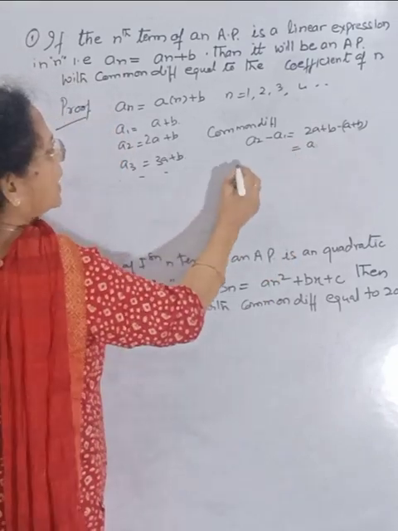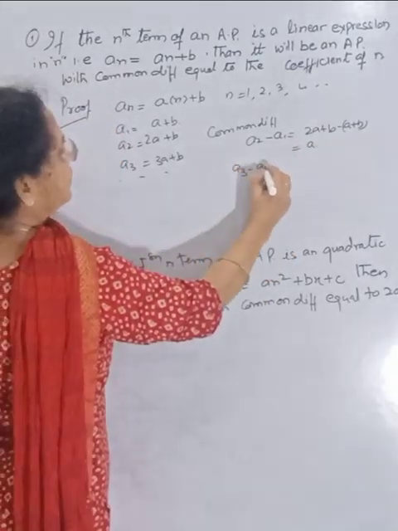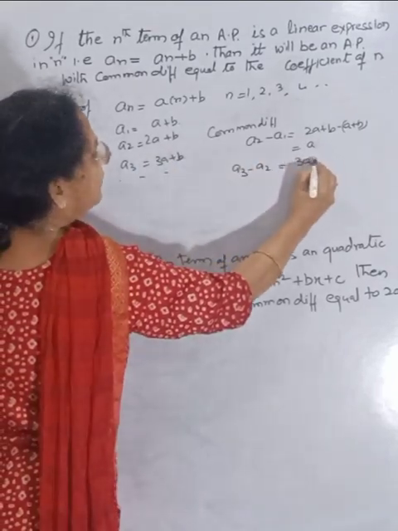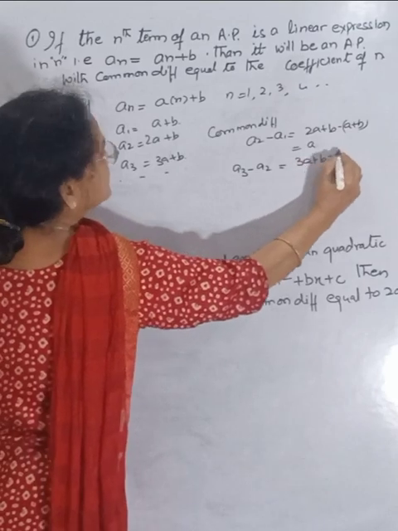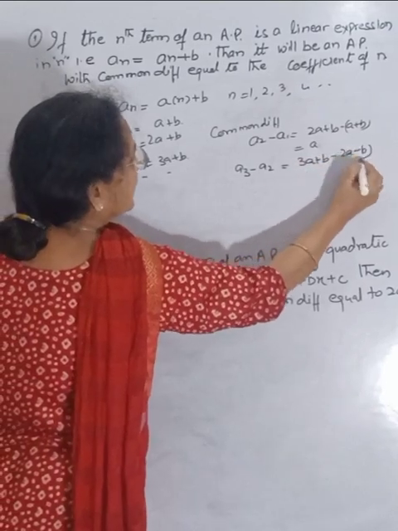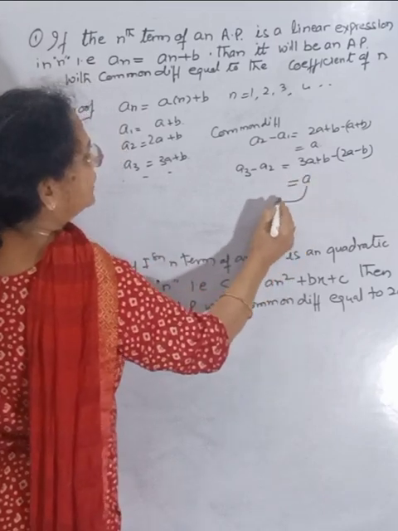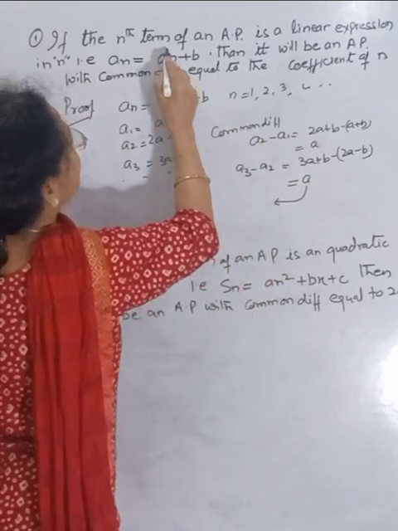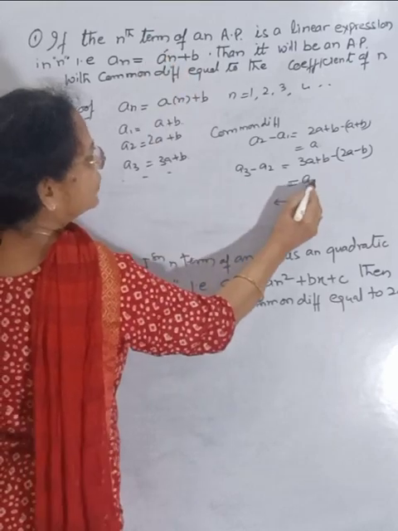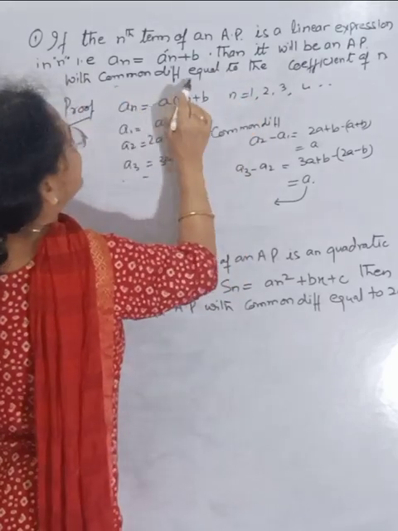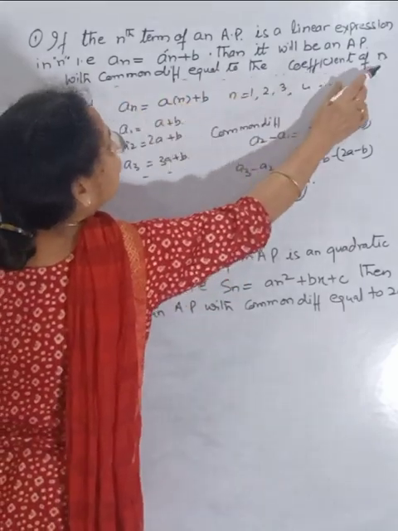Okay. a3 minus a2 is 3a plus b minus 2a minus b, which is also equal to a. What is a? It is nothing but the coefficient of n. This is the common difference. It means the common difference will be equal to the coefficient of n.